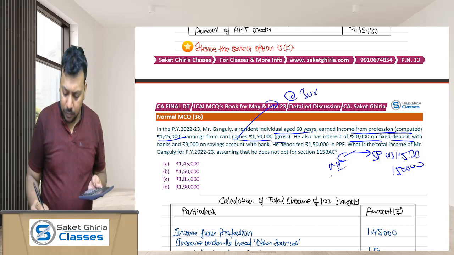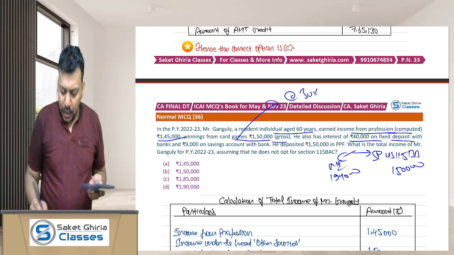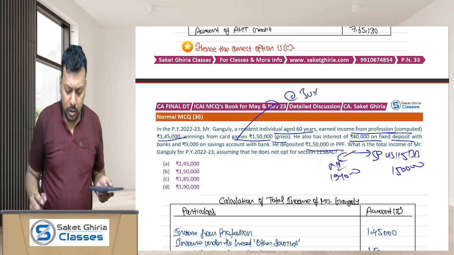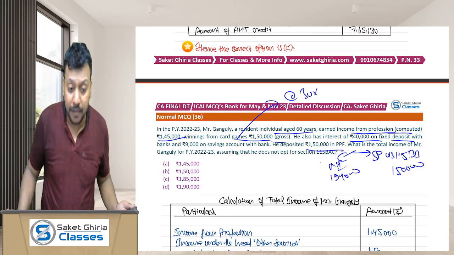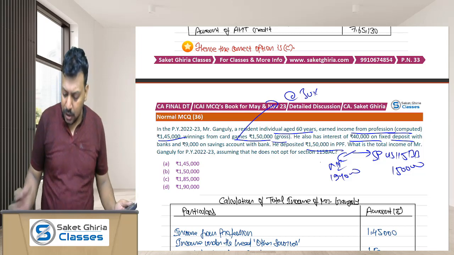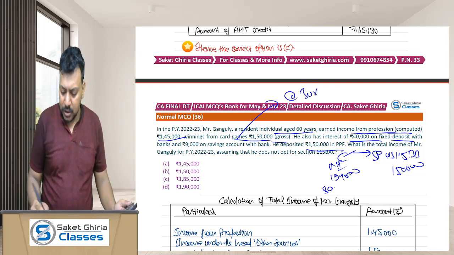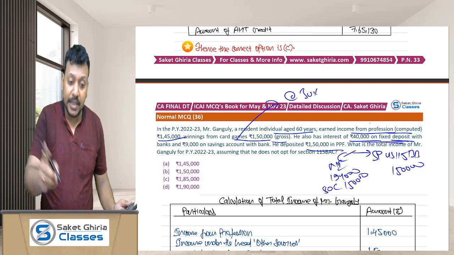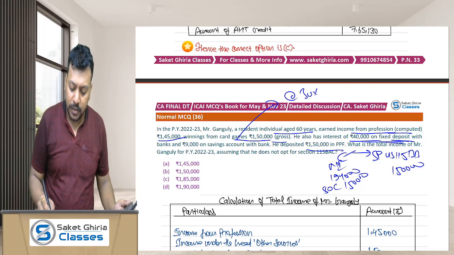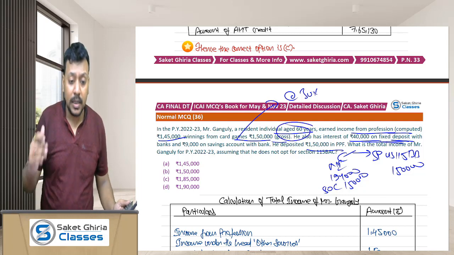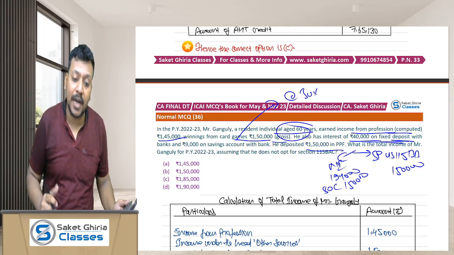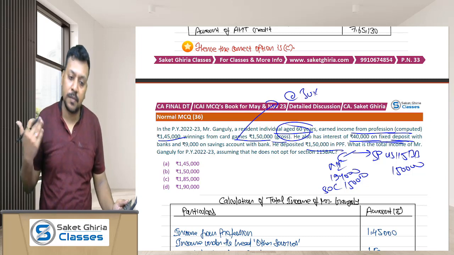It is 194. Mr. Ganguly has deposited 150 in PPF, means 80C deduction. So here 80C deduction would be allowed 150. But sir, he also has interest from savings and FD, means 80TTB. As Mr. Ganguly is the age of 60 years or more, he is eligible for 80TTB deduction, and the maximum amount is 50,000.